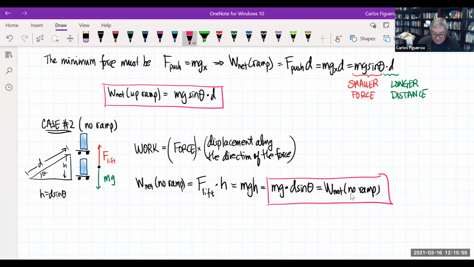Look at the difference. Here, what are you seeing here? Here, you're seeing a larger force. Whereas here, you're seeing a smaller displacement.